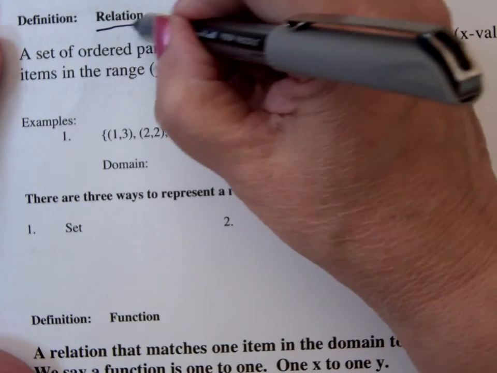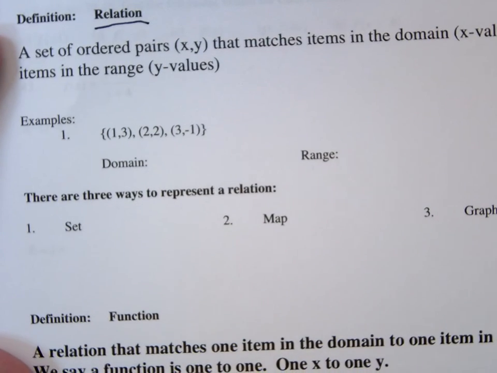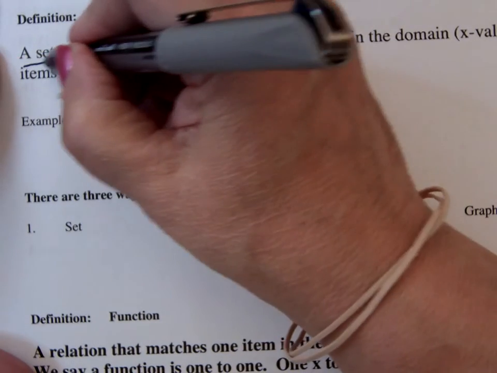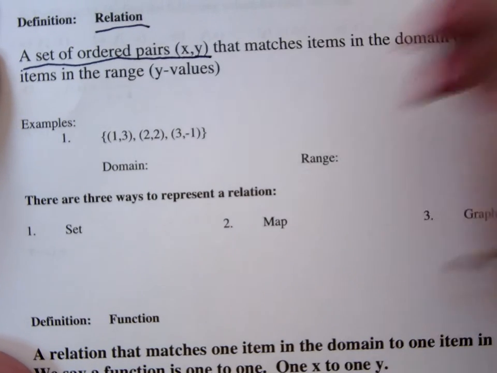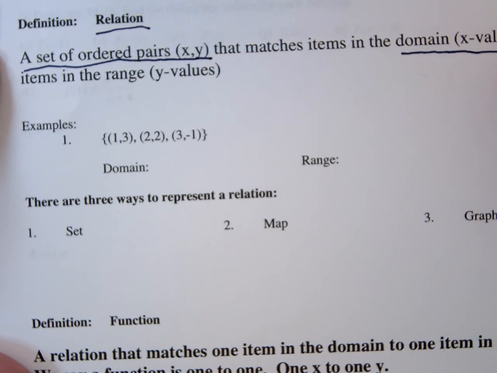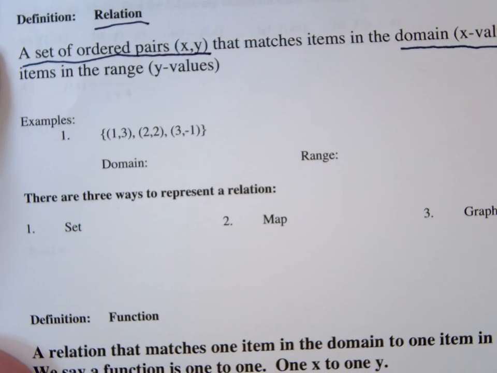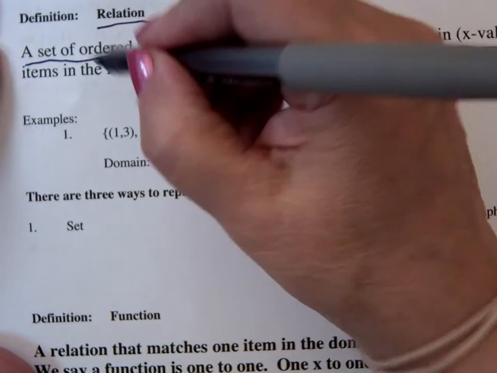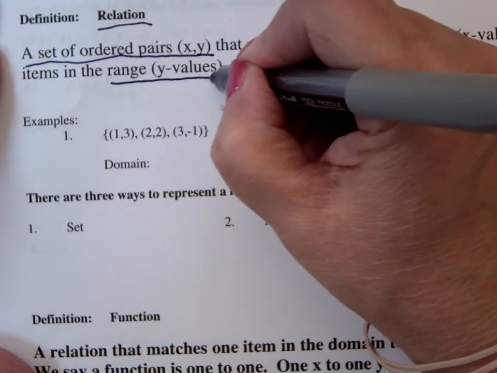The definition of a relation: a relation is a set of ordered pairs, x, y, that matches items in the domain, usually the x values unless we define them to be another letter, to items in the range, which is the y value.